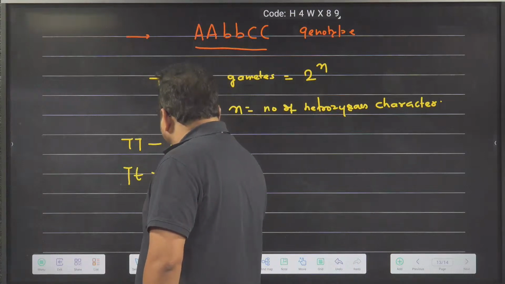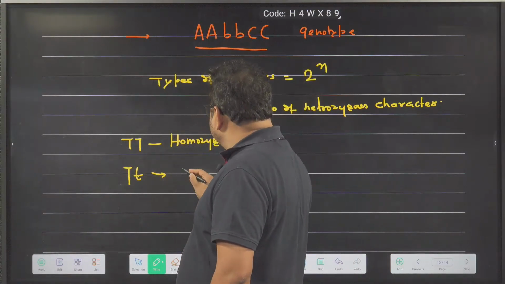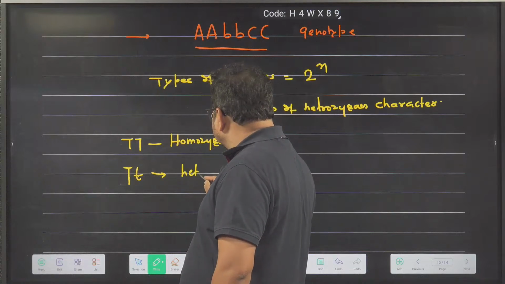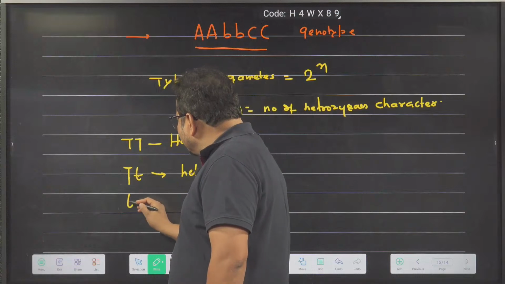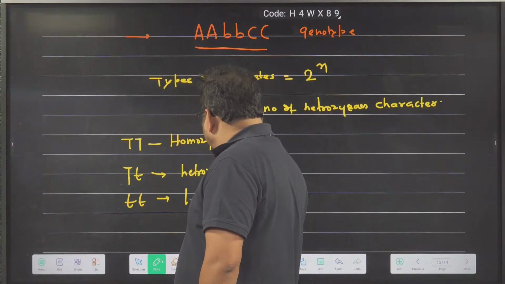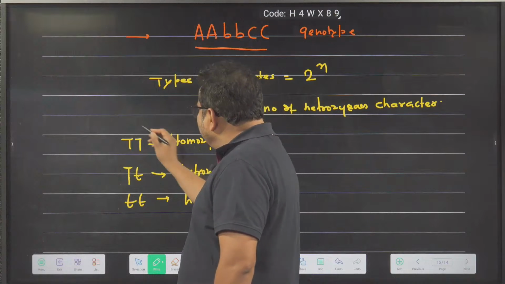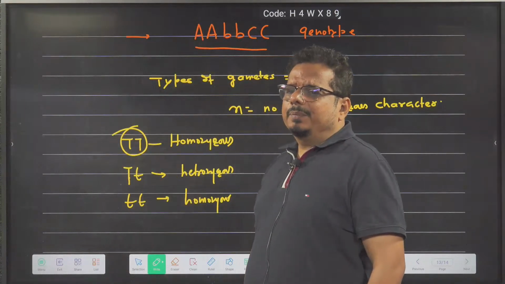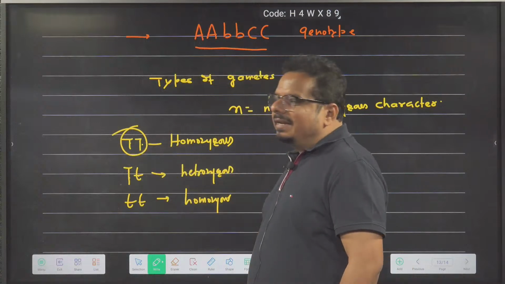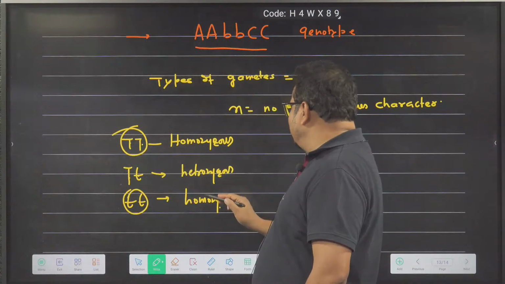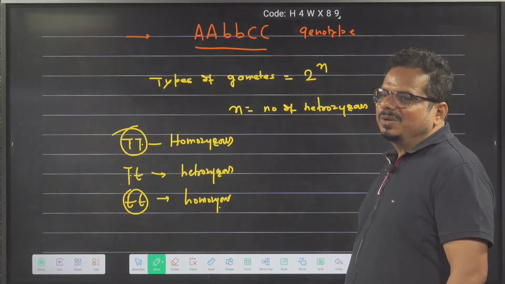Capital T, small t is there, one capital T, another small t. It is called heterozygous. And if it is small t, small t, it is called homozygous. So in a pair of characters, if both letters are the same, either in capital letters or in small letters, it is called homozygous. One in capital letter, another in small letter, it is called heterozygous.